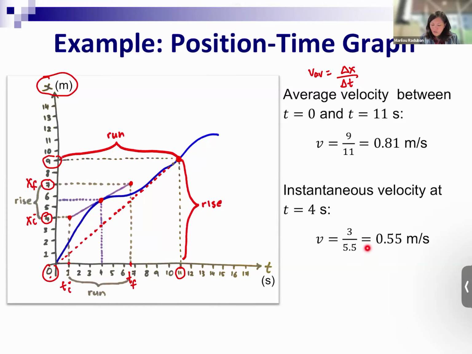Therefore, the time interval is 5.5 seconds. So this 5.5 seconds came from the final time, 6.5, minus 1 second. It's probably not so good an estimate, because as you can see, it's a little bit more than 6.5 seconds for the final time, but you can estimate it, and your answer will be 0.55 meters per second.